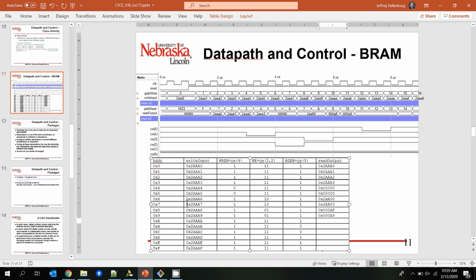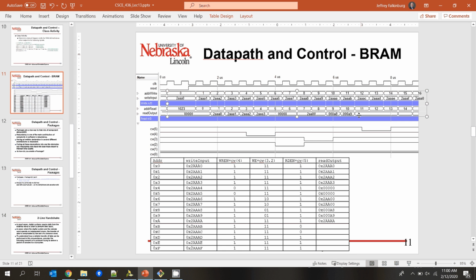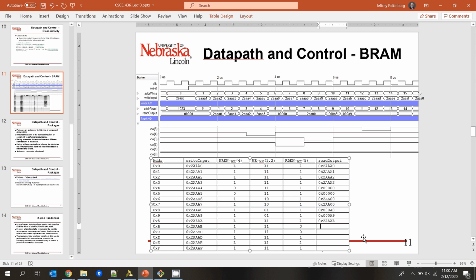So for the read value on that, since we're writing both bytes, we're going to read both bytes, 0x2AAA. Next one, we're not going to read any value, so the value that's already on the line is going to stay on that line.